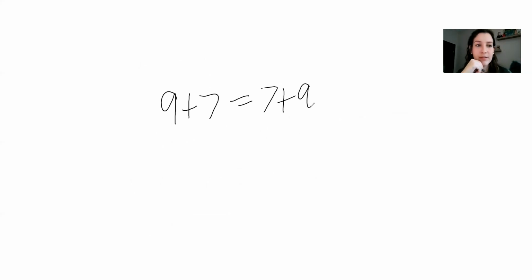All right, so now let's identify it in a different way. So if I write 9 plus 7 equals 7 plus 9, and I'm asked what property is shown. Let's think. We have the identity, associative, and commutative property. So the identity property is when the sum of any number and 0 is the number.